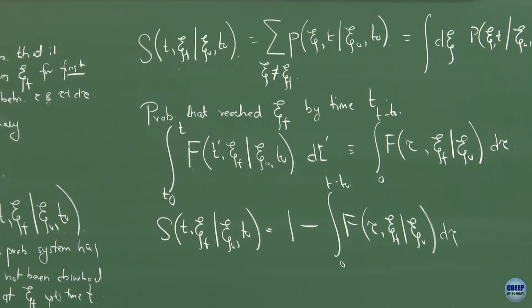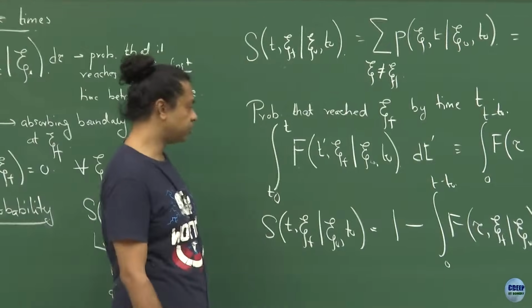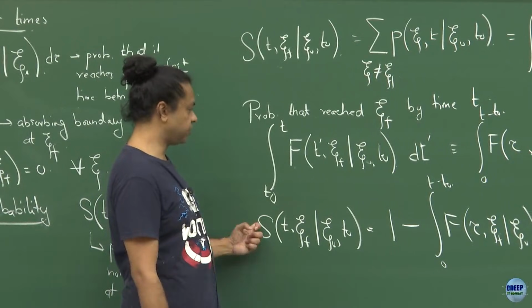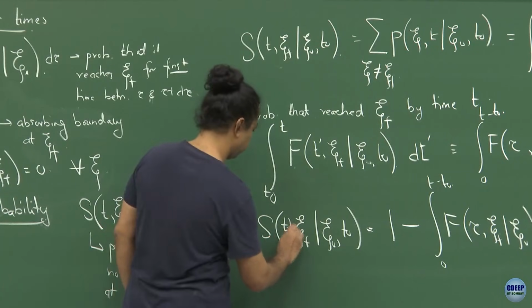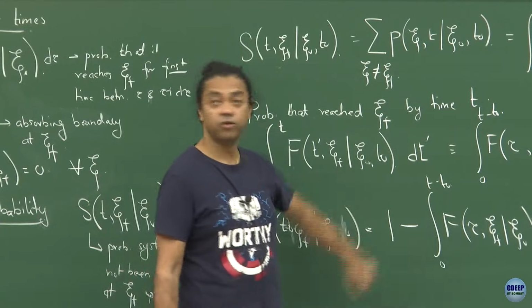Okay. And hence, if I want to calculate this distribution of first passage times, what is this? This is nothing but the derivative of the survival probability, because this t minus t naught over here comes over in the integral.